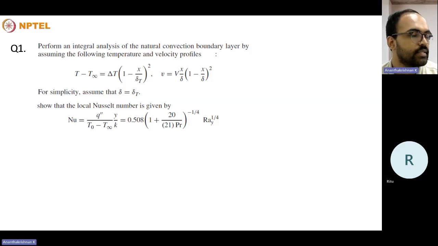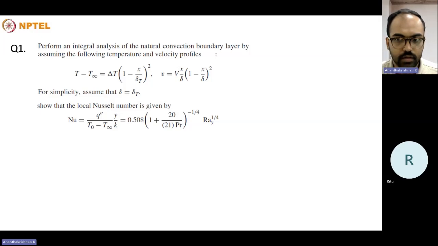It's given that the hydrodynamic as well as the thermal boundary layer thickness are the same, and we need to determine the Nusselt number that is given by this formula. So this follows the same integral solution approach as normal forced convection, except that there is one additional term that will come into picture because of the free convection, that is, the buoyancy term.